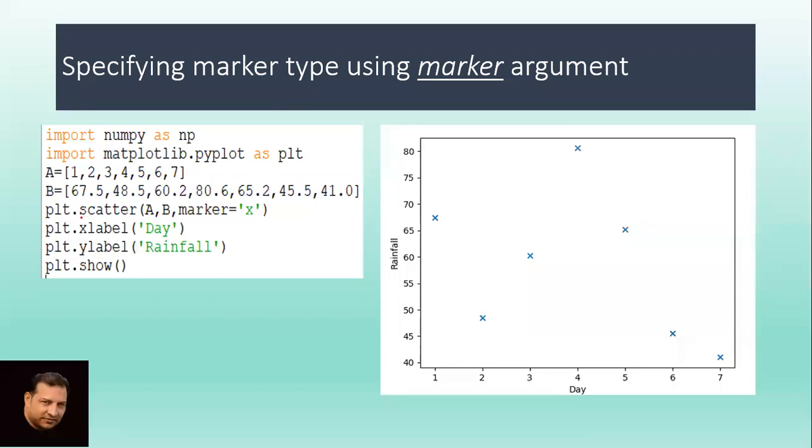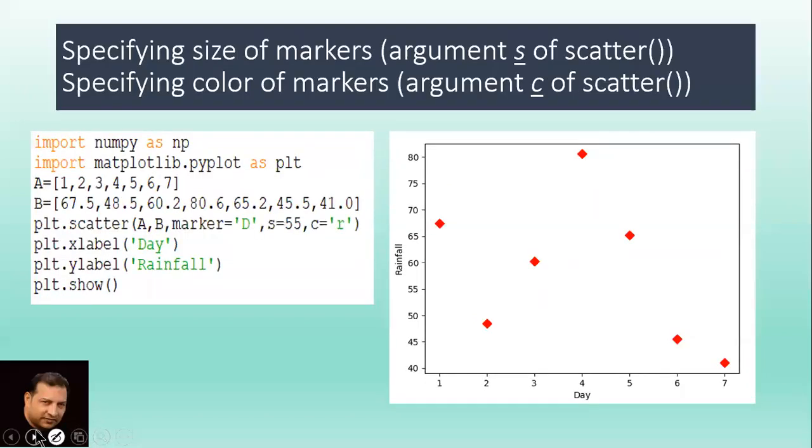Just I have made changes here. scatter(a, b, marker='x'). So what will happen? You will be able to see x as markers of data points instead of dots or circles. Very simple.